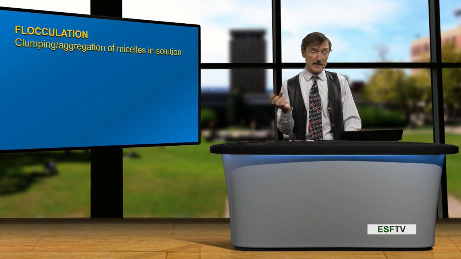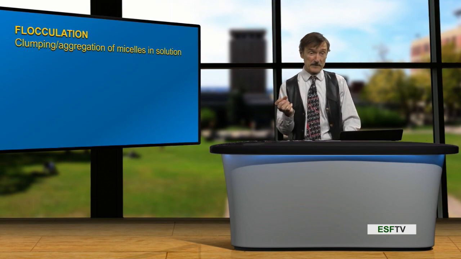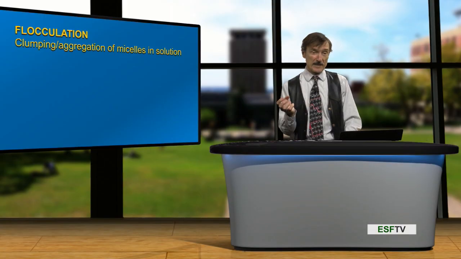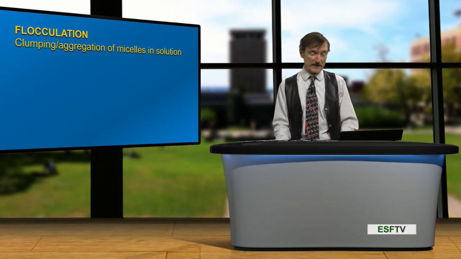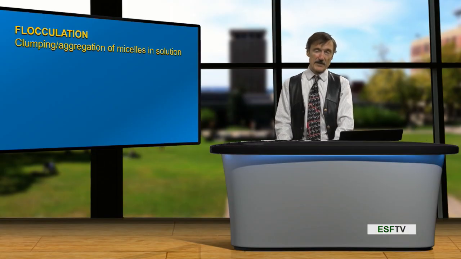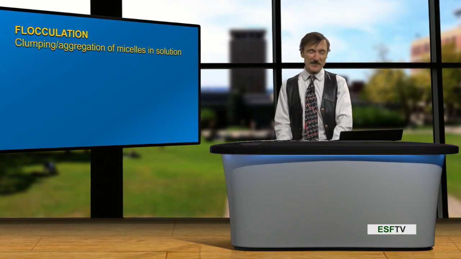They're not going to clump by themselves because they're net negatively charged. But if I can overcome that net negative charge by putting something in there, I can make them clump or flocculate. You're going to do that this week. Pretty awesome. You're just going to do so much in lab this week, it'll blow your mind.